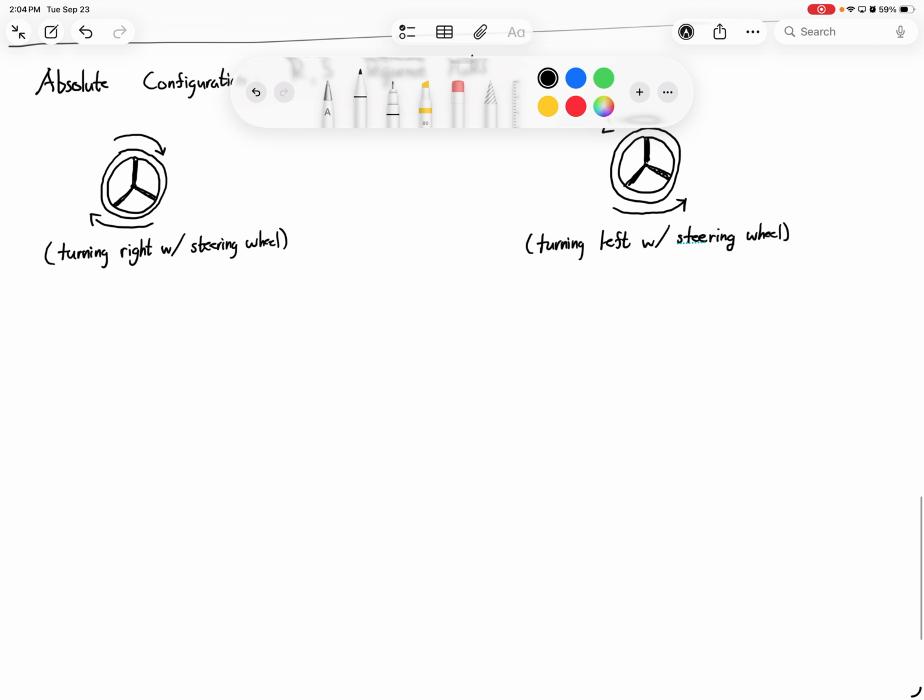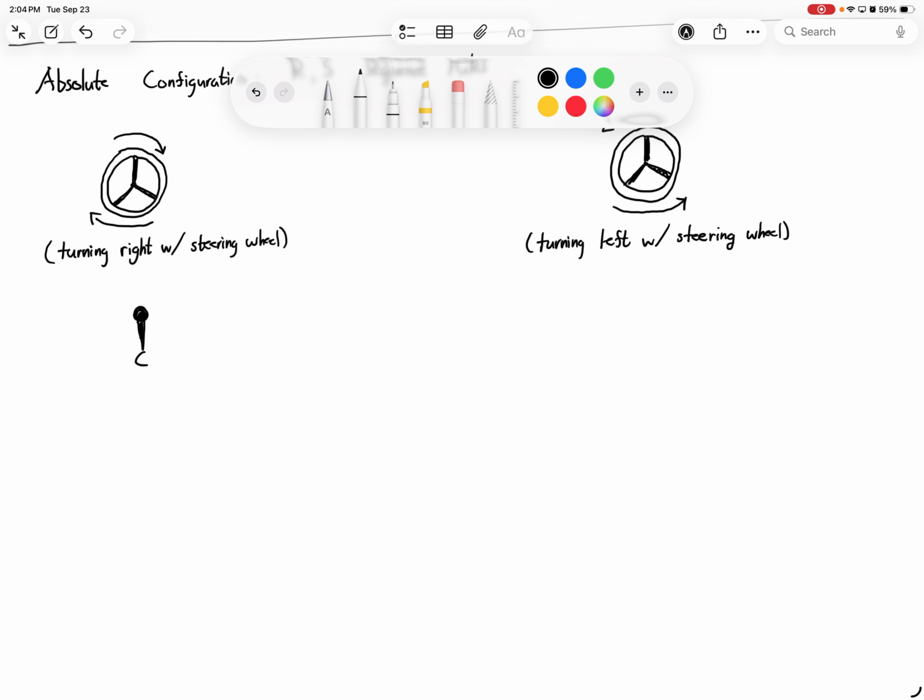Okay, so the way we assign R and S is that one of your atoms, remember all our chiral centers are tetrahedral, with 4 different substituents, okay? The lowest priority substituent should always be viewed going in the back, away from you, okay? So I'll draw this carbon atom here. All right, so here is my first substituent.